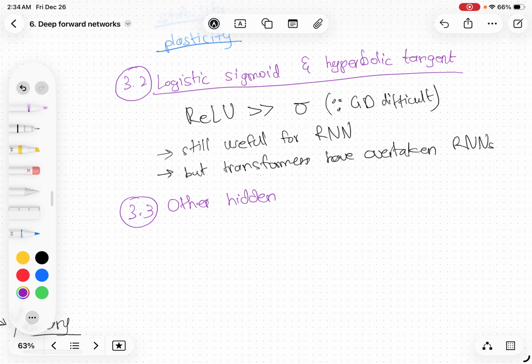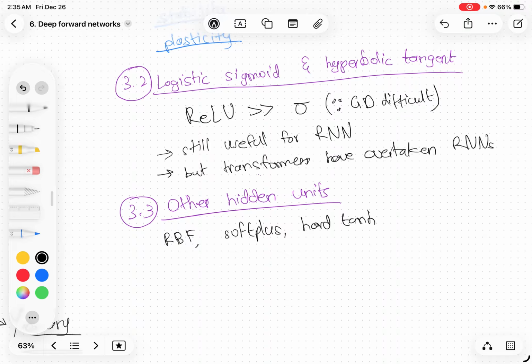There is also softplus, maxout, hard tanh, and they are reasonable, but the research is still in process.